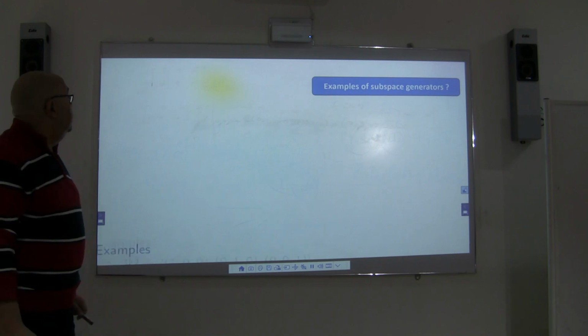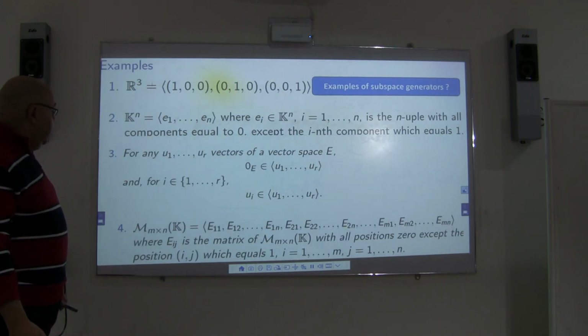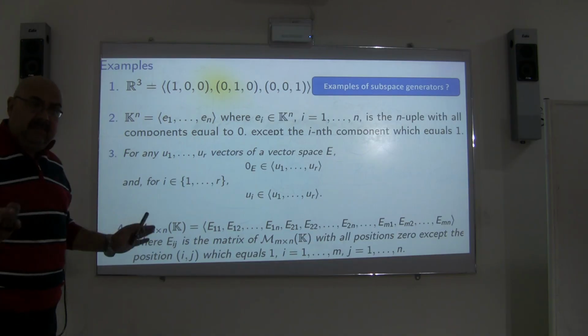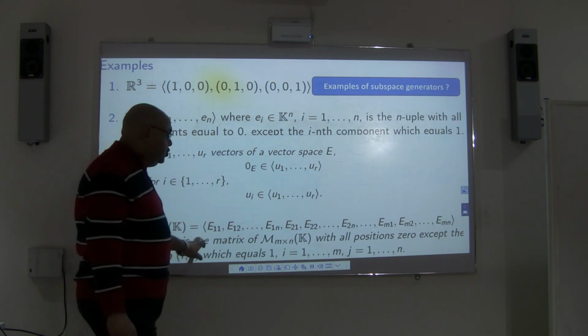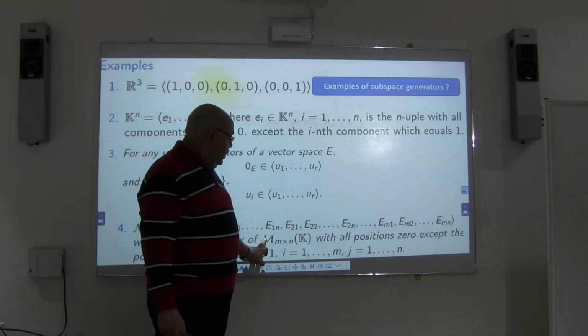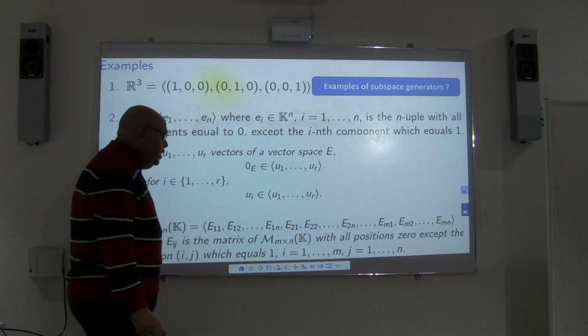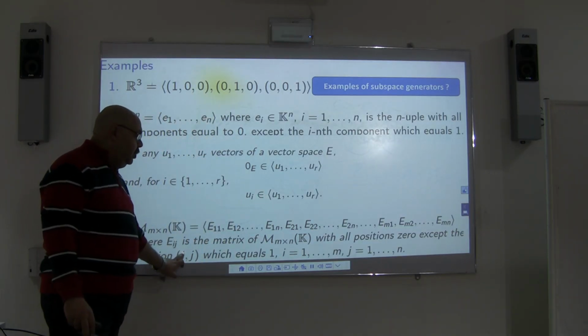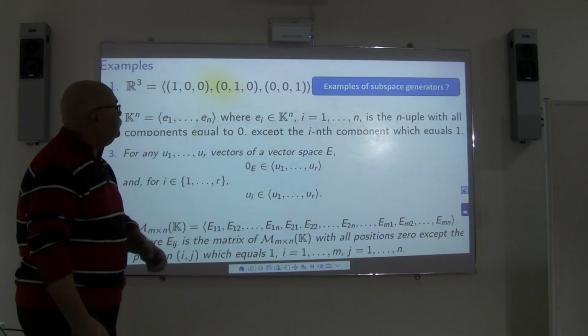This is for R3, that's for Kn. Those are for the K matrices, explained exactly as I told you, where Eij is the matrix of dimension M by N with all positions zeros except the position i, j, which is equal to 1. That's the description of the system that we saw.